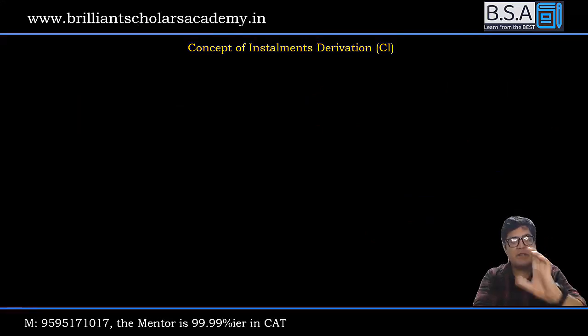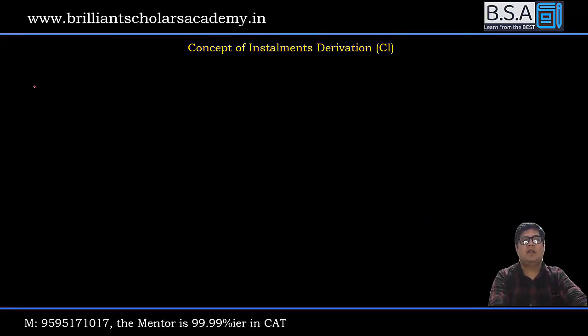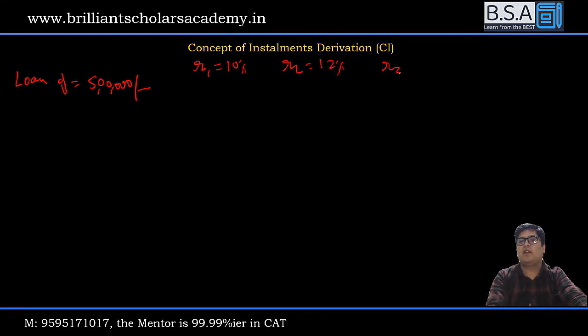So let me frame a small question for you. Very rarely rate of interest gets changed. I'll try to do that as well for you. Somebody has taken a loan of, let us say, 5 lakh rupees. The rate of interest first year is 10%, second year is 12%, third year is 15%.